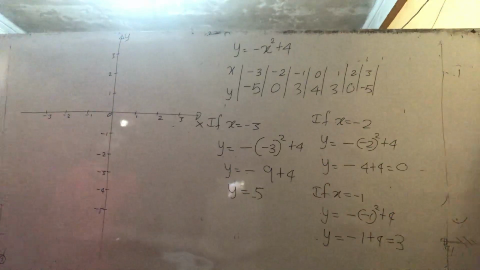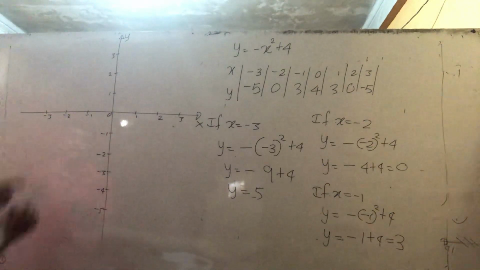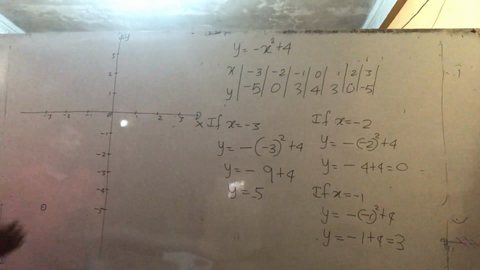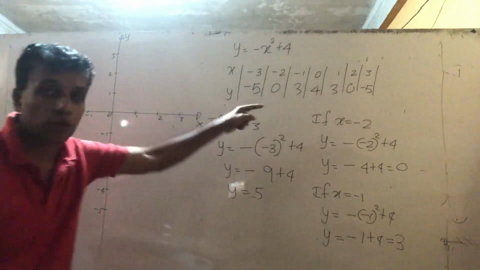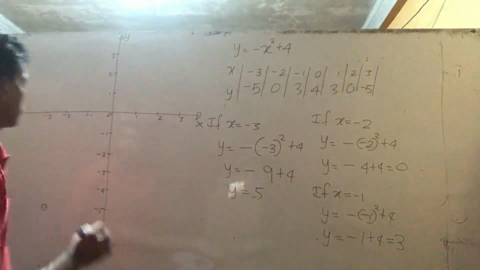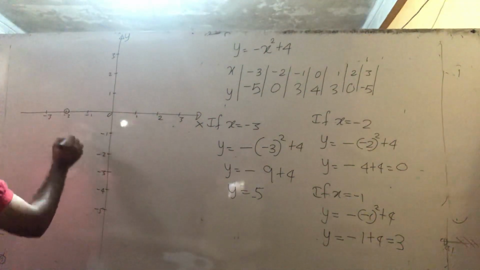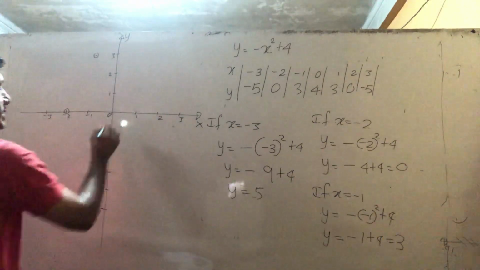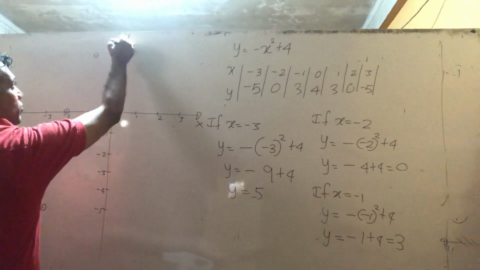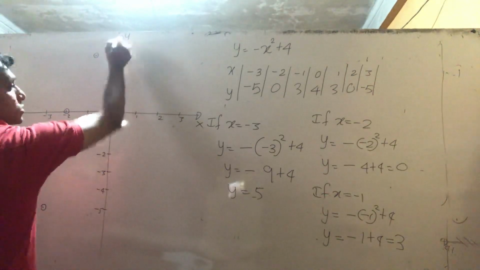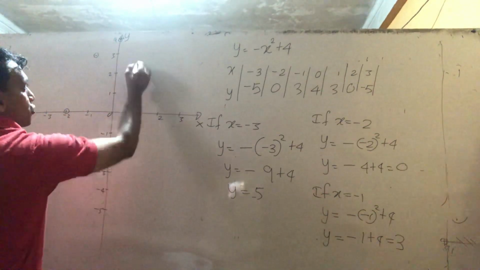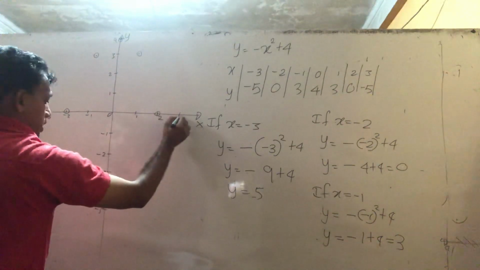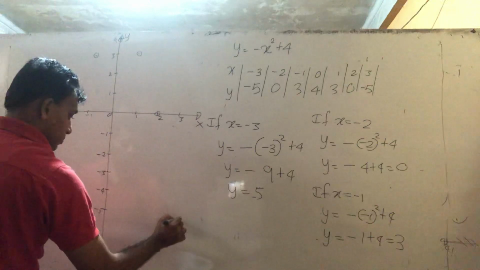Now mark these values. If x is -3, y is -5. x -2, y 0, y 0 means on the x-axis. This point, x -1, y 3. x 0, y 4 is available. x 1, y 3. x 2, y 0. x 3, y -5.